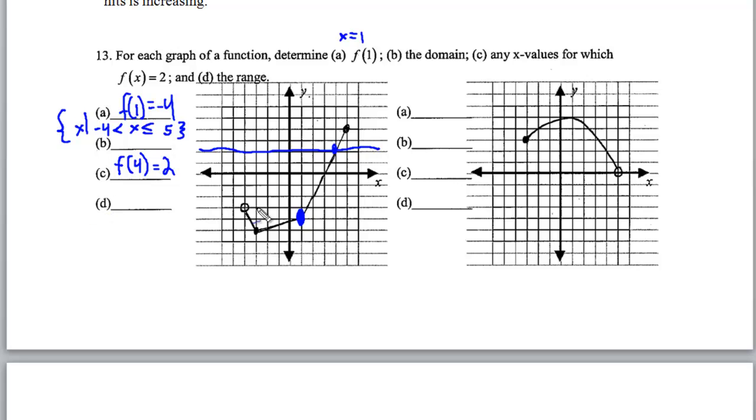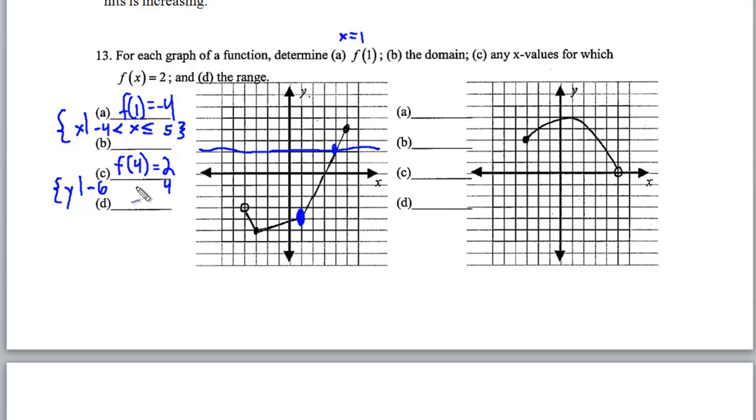Now the range. It's kind of difficult for range because instead of moving from the left to the right of the graph, we're moving from the lowest to the highest point. The lowest point on the graph is way down here, and that's at -6. So let's set my set notation up. -6 is as low as this line goes, and the highest this line goes is 1, 2, 3, 4.